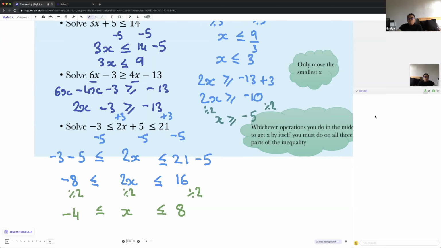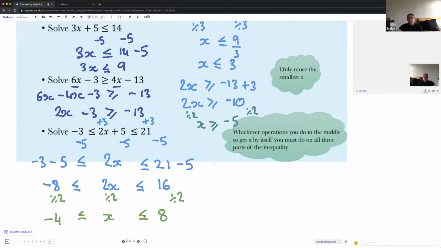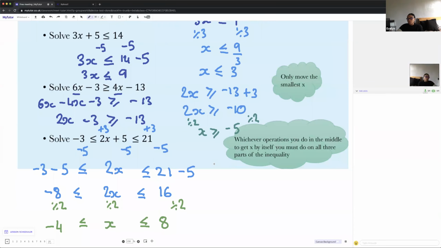Right, someone asked, would you still get marks if you skip some steps? Yeah, if you get to the right answer, depending on the mark scheme, because sometimes your marks are method marks, so they're looking for your working out. I would suggest try not to skip steps. Write down all of your working out, because if you skip steps, when you come back to checking your answer, you might not understand what you've written.